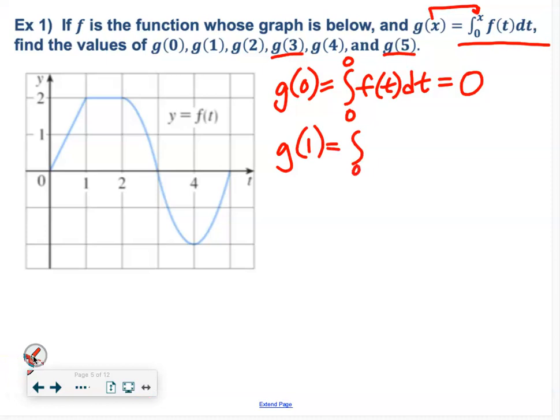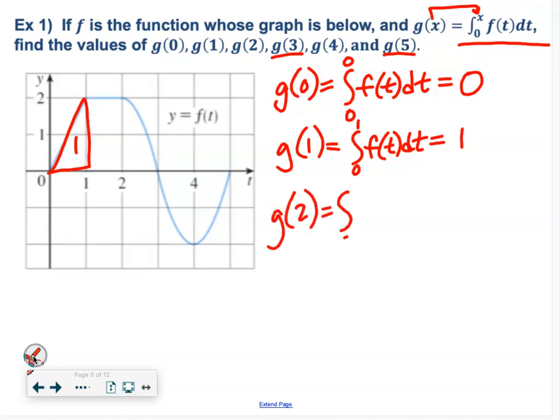So this is the integral from 0 to 1. The integral from 0 to 1 is the area of this triangle, which is 1/2 times 1 times 2, or 1. Everyone good with that? Yes. All right. G of 2 is the integral from 0 to 2.